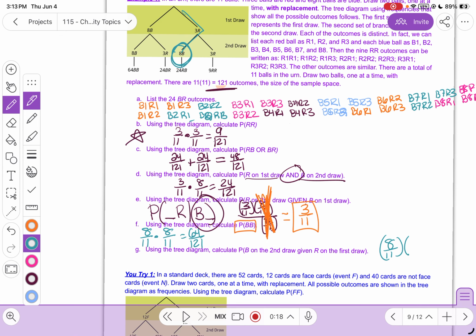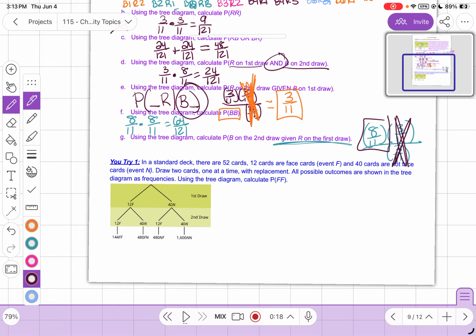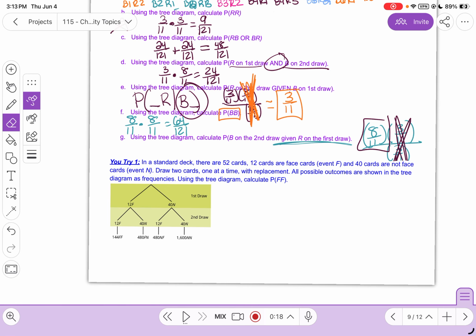R on the first is 3 out of 11. So that's the top. Given R on the first, that was 3 out of 11. These are going to cancel. So our probability is 8 out of 11. Hopefully that made sense. And you can do the U-try, pause the video, and then check the answer when you're ready.